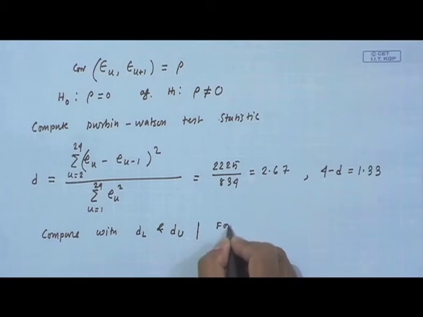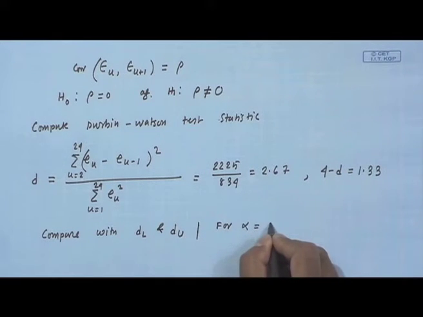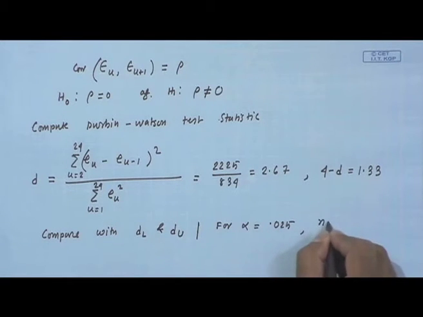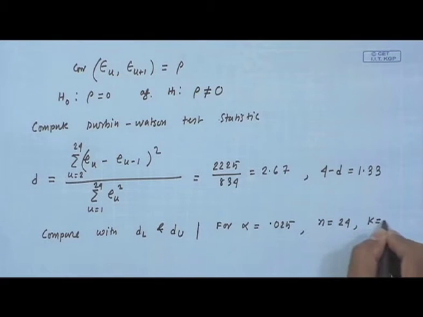For alpha equal to 0.025, because it is a two-sided test, n equal to 24 and k equal to 1, because it is a straight line fit. There is only one regressor in the model, that is why k is equal to 1.